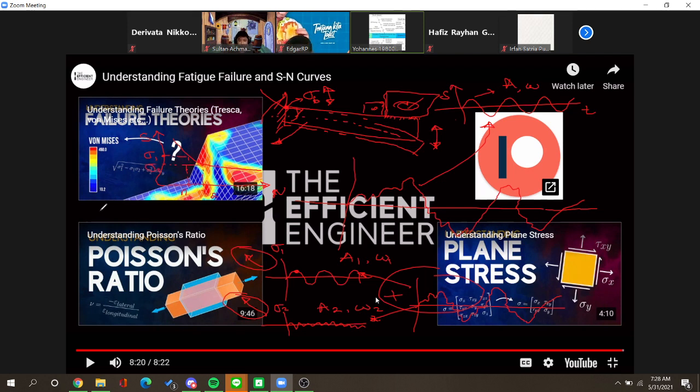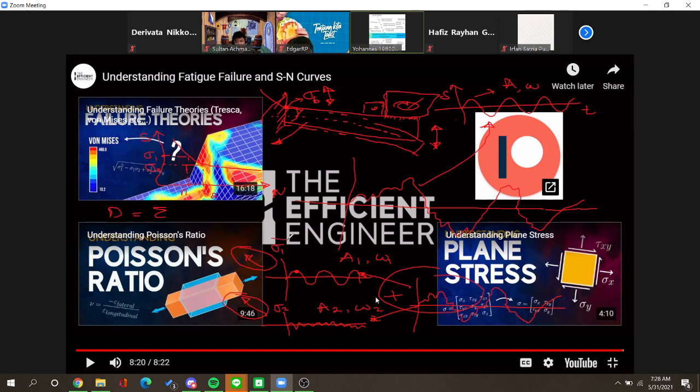Then Miner's rule describes that the failure will happen if D is equal to or larger than 1. And what is D? D is the accumulation of damage created by each load.